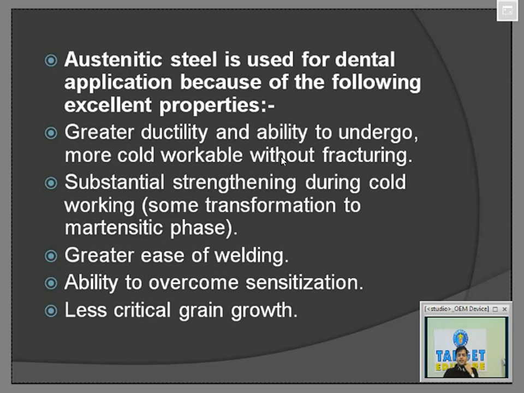Why is austenitic stainless steel used for dental applications? Because it has greater ductility, the ability to undergo more cold working without fracture, which is required in orthodontic practice. You need to modify the wire at every appointment and still the wire should not fracture.